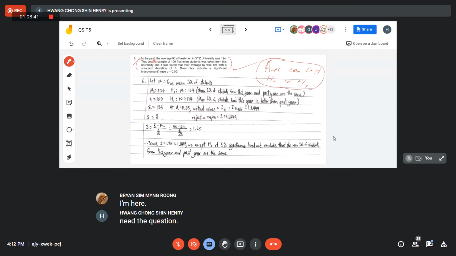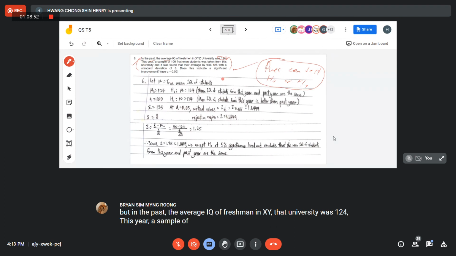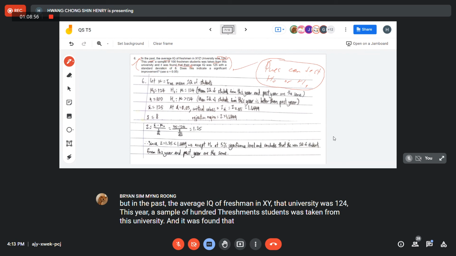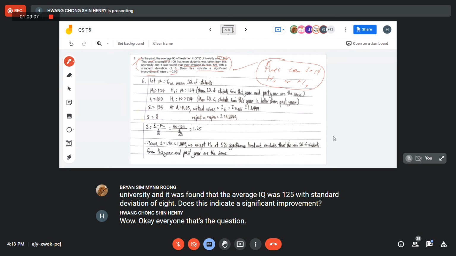Read the question. In the past, the average IQ of freshmen in XYZ University was 124. This year, a sample of 100 freshman students was taken from this university, and it was found that their average IQ was 125 with a standard deviation of 8. Does this indicate a significant improvement? The question is not very long, right?